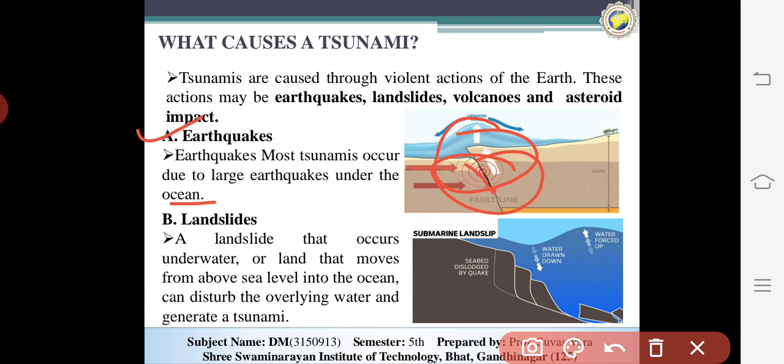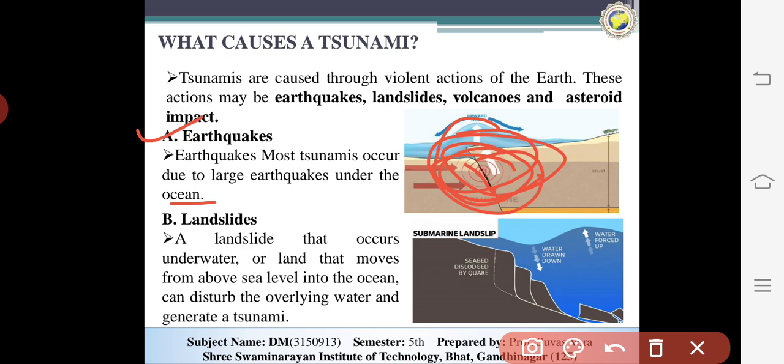It means this part will change the surface. At that time the tsunami will occur, and the collision between the large tectonic plates, which make up the surface of the earth, causes the majority of earthquakes.